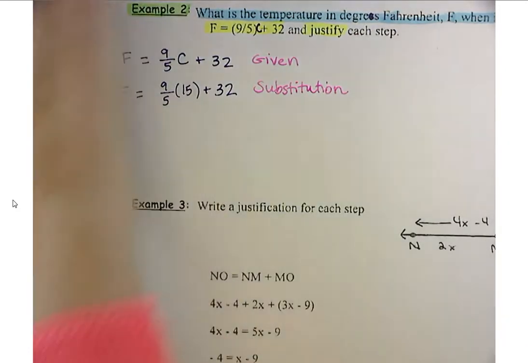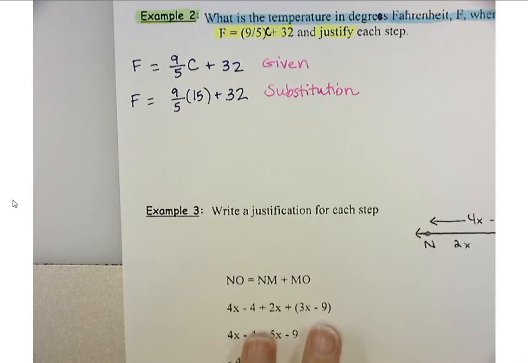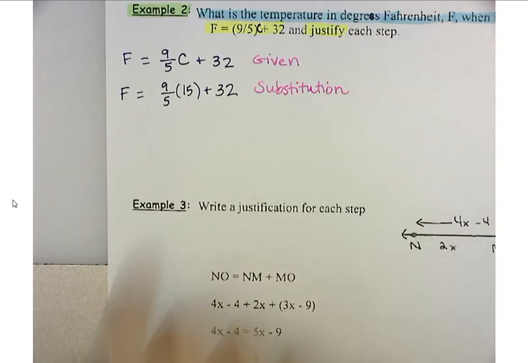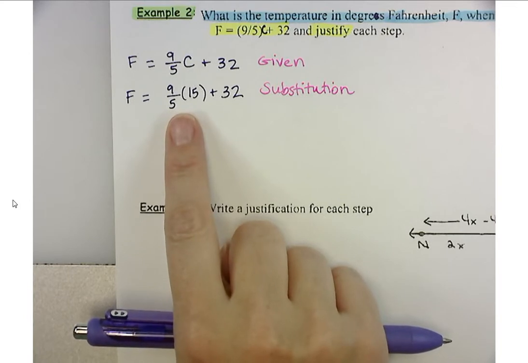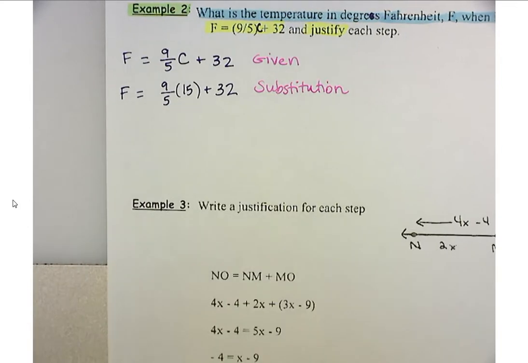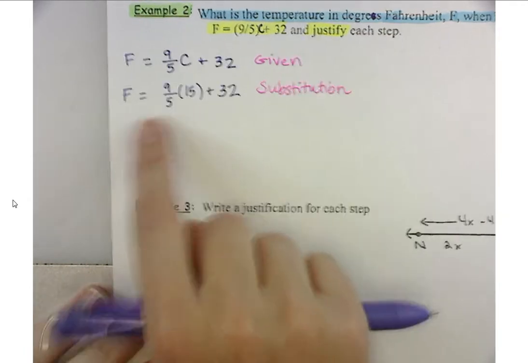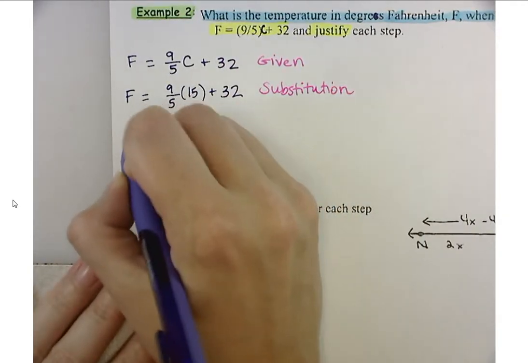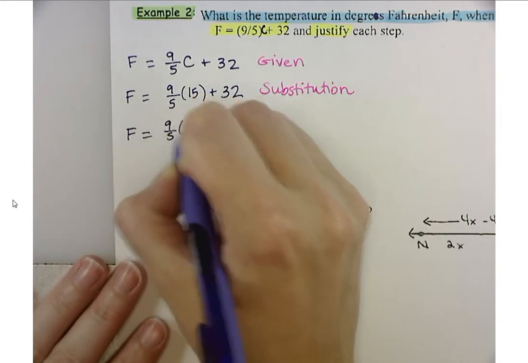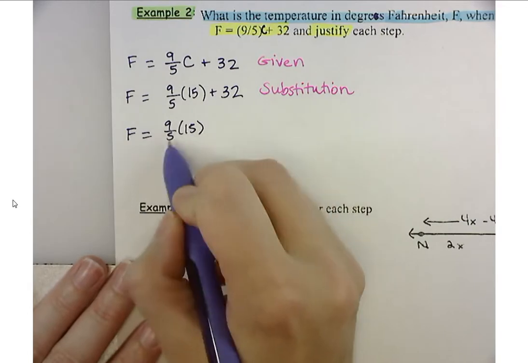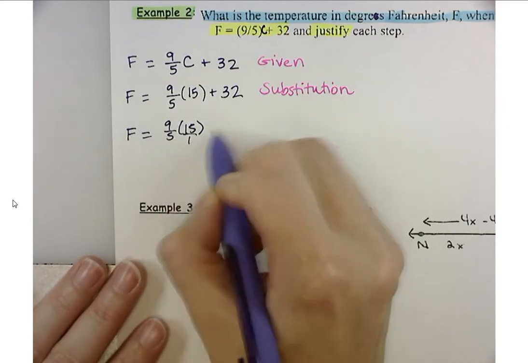Okay, and now we're going to go ahead and simplify. When you multiply 9/5 by 15, I'm just going to show you how you can do that without a calculator. For 9/5 times 15, what's 15 divided by 5? 3, right?